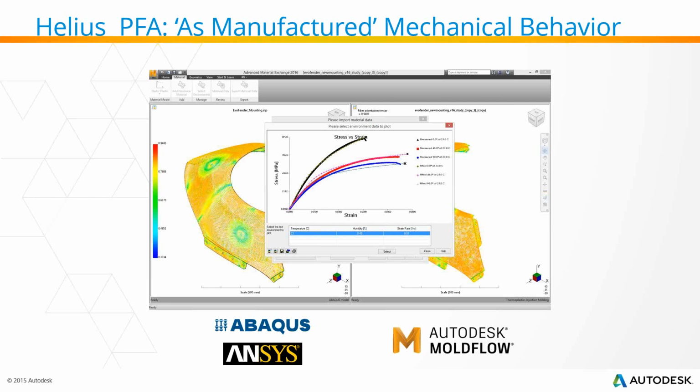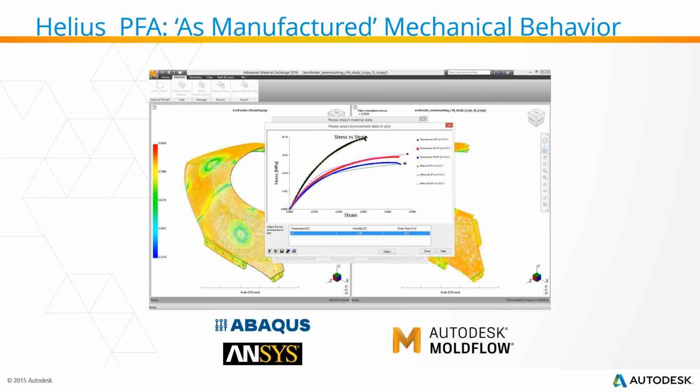And then if we have access to nonlinear mechanical data, we can calculate the nonlinear mechanical properties for every part of this model. So you can start looking at things like failure inside of Abaqus and ANSYS.